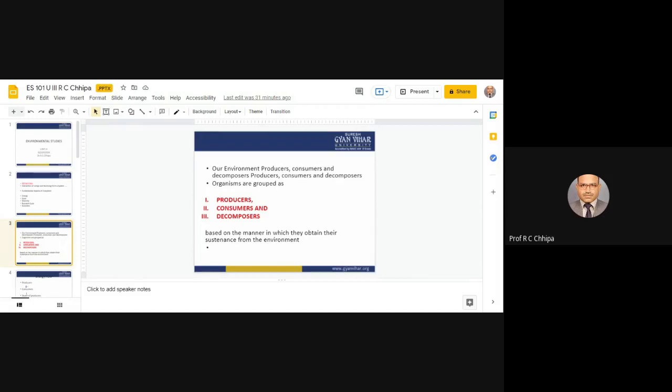producer is the part of the ecosystem. Now, producers also form an ecosystem. Why? Because they also interact with living and non-living, with biotic and abiotic components.